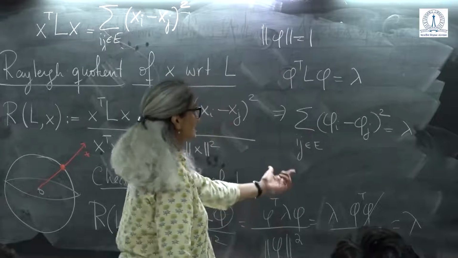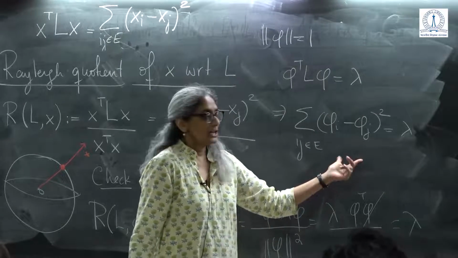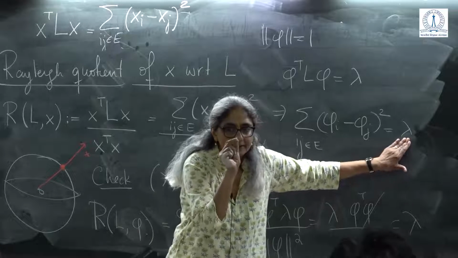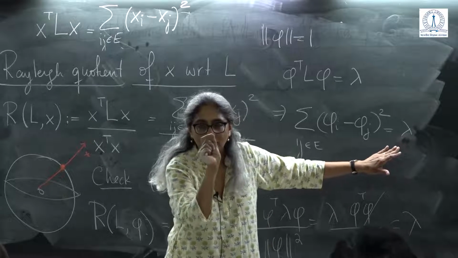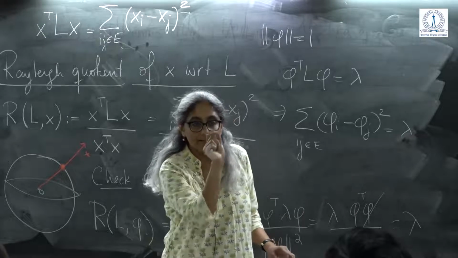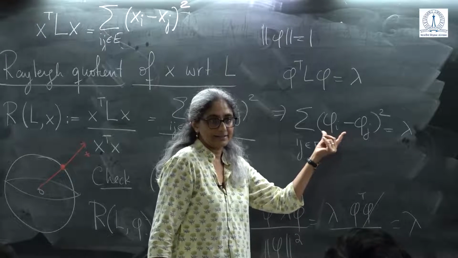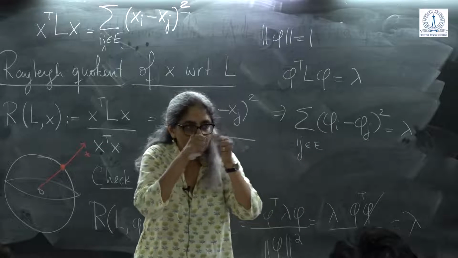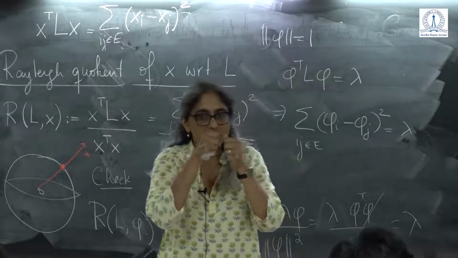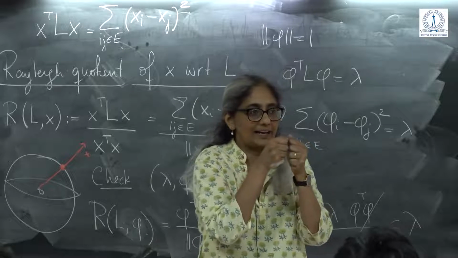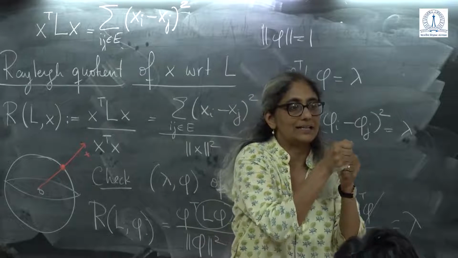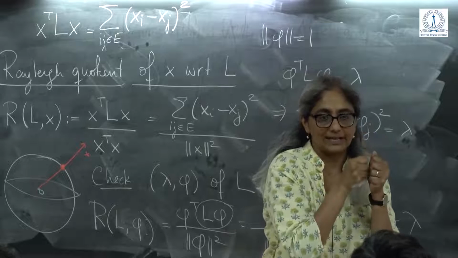Now this is actually telling you something super interesting. So let's take a look at this, okay? This part. So what happens if lambda is really small, like close to 0? Not 0, but close to 0, okay? Very small. How big can these differences be? They have to be very close together, right? They have to be very, very small. So that means your eigenvector is varying very slightly as you move from one vertex to the next vertex.